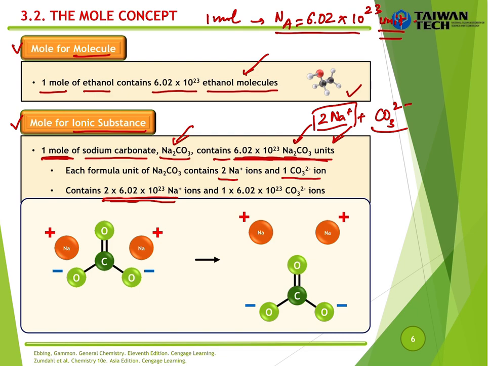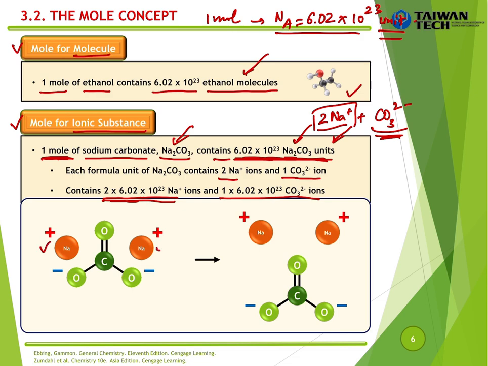Similarly, in 1 mole we have only 1 CO3 2 minus in each unit. So the number of CO3 2 minus ions will be equal to Na.